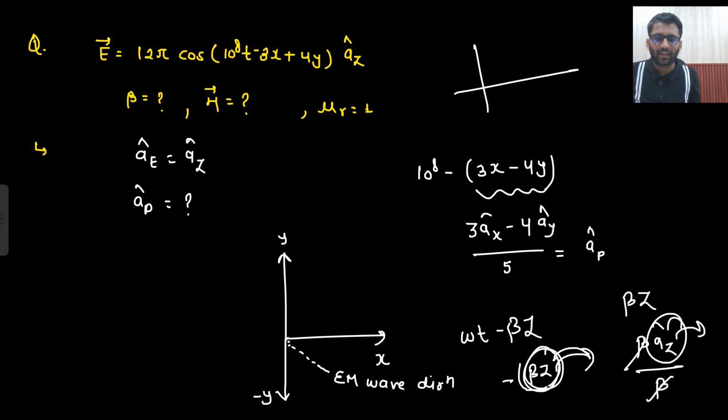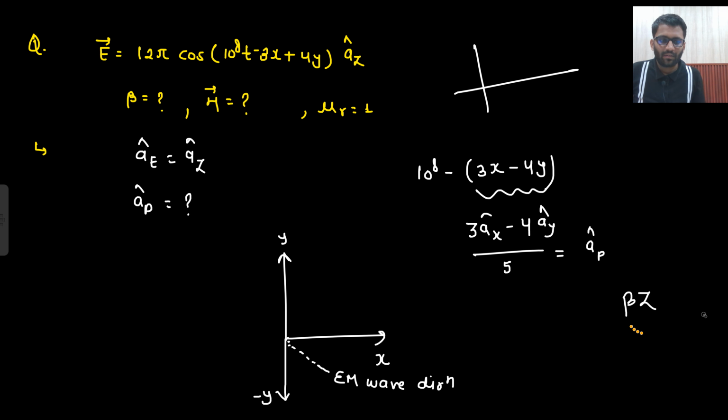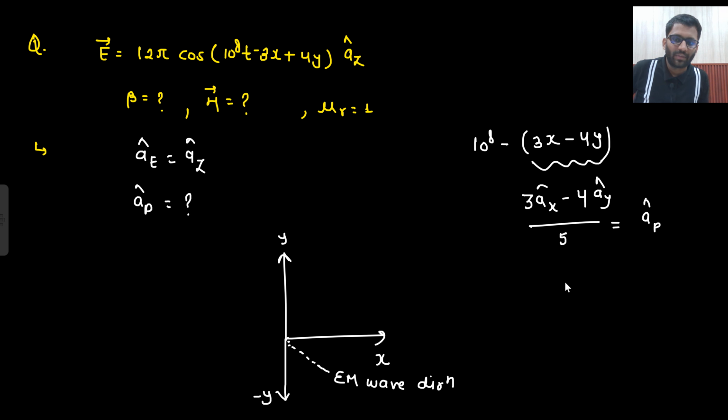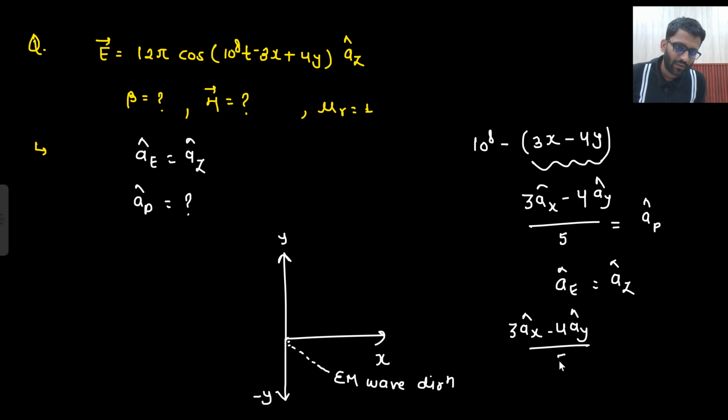So what is my ap cap that I have written? This is my ap cap, and ae cap is my az cap. Now if I need the value of ah cap, how would I get it? ap cap, 3ax cap minus 4ay cap divided by 5, is equal to ae cap, which is az cap, cross ah cap.